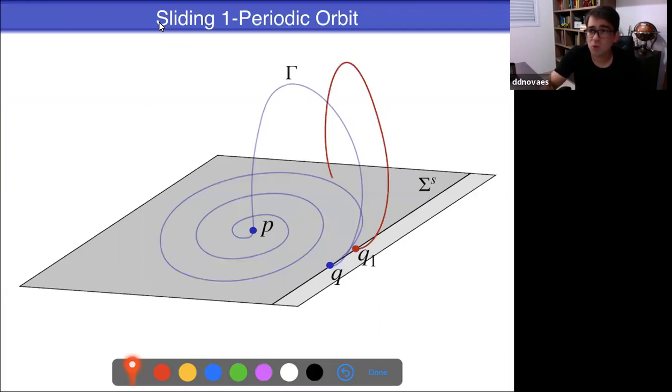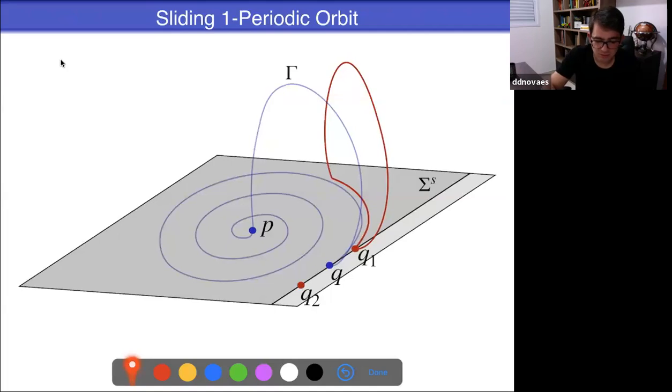Then through Q1 we would have a periodic orbit if, after touching the sliding region, the trajectory slides back to the initial condition, Q1.